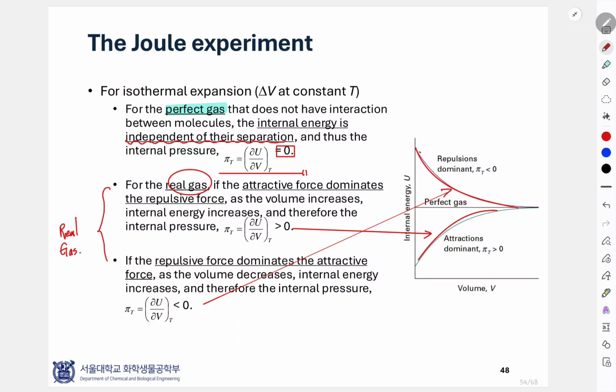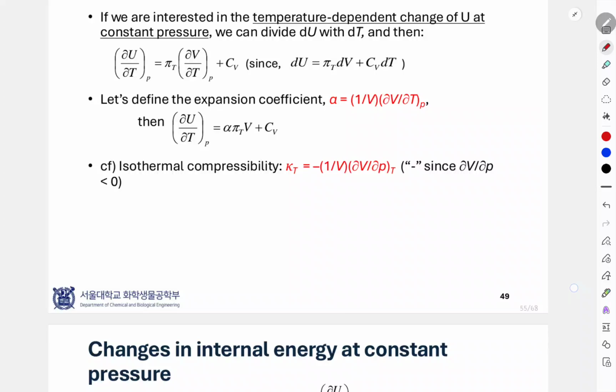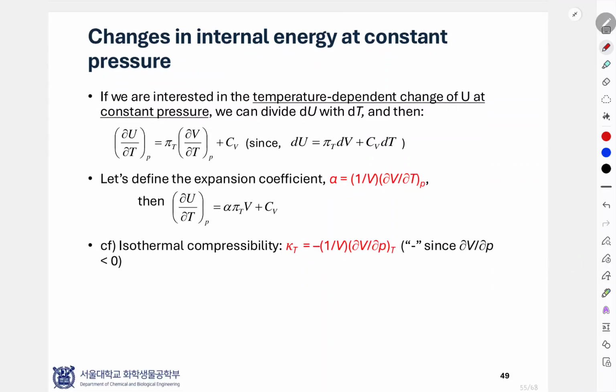Here, we considered a constant volume, but if we are interested in the temperature-dependent change of U at constant pressure, we can write it a different way.